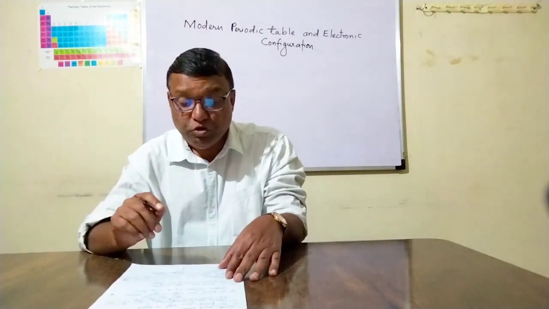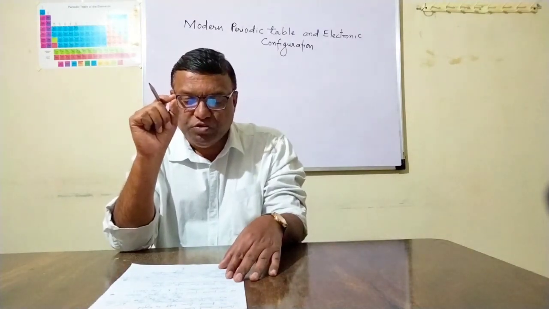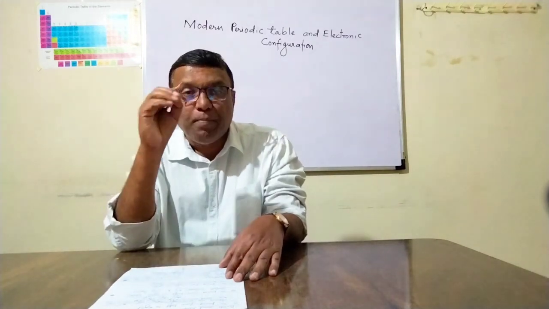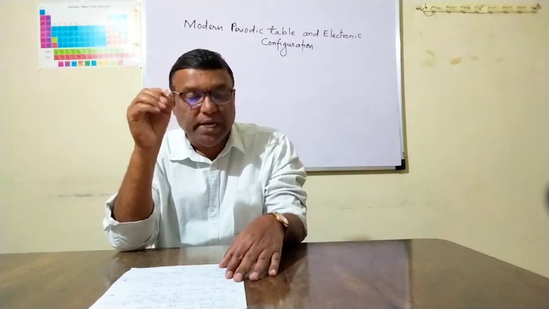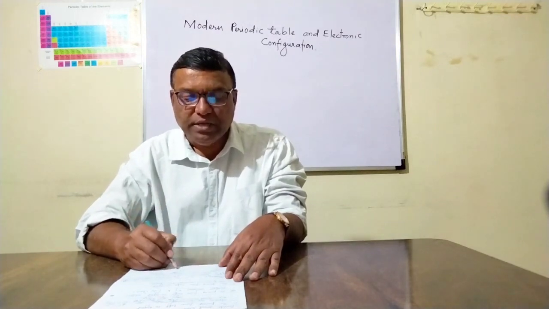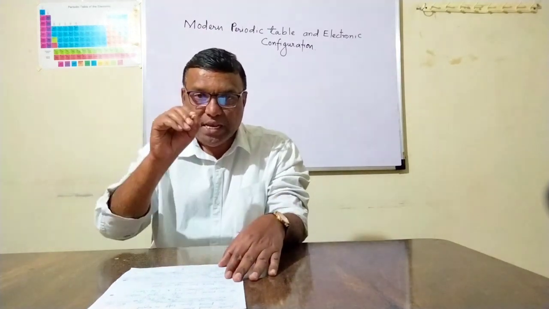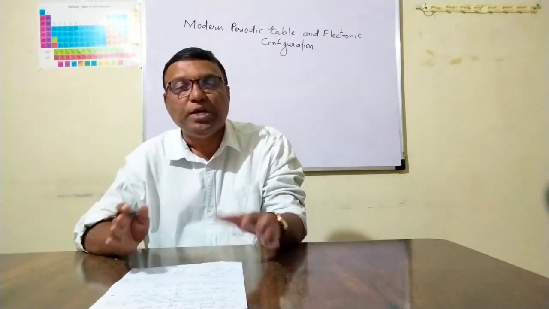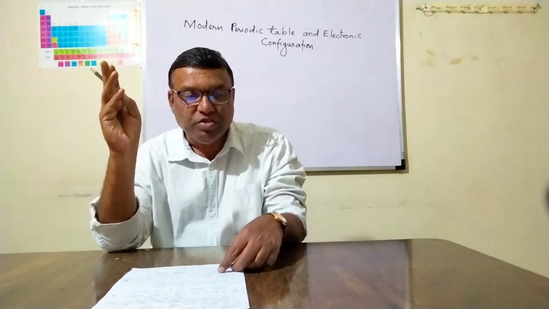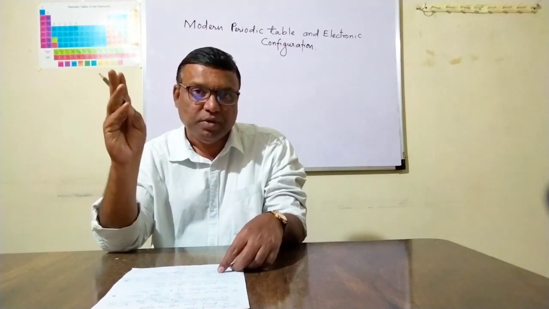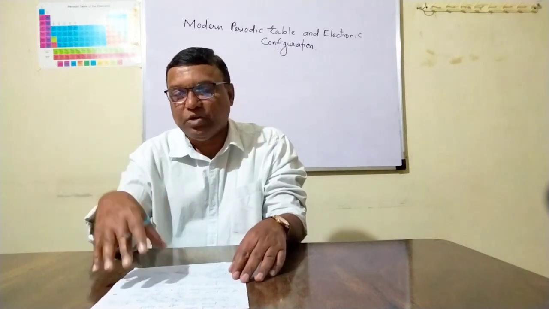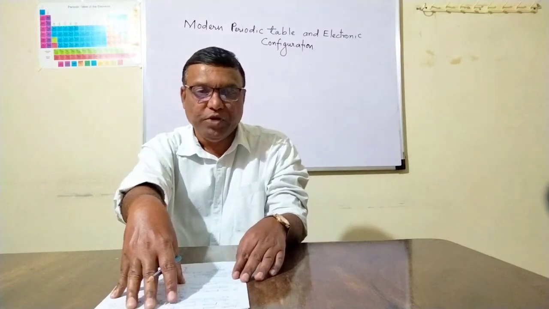It is 8. Third, the electron capacity of the M shell is 18 electrons. And last, the electron capacity of the N shell is 32 electrons. K shell 2 electrons, L shell 8, M shell 18, and N shell 32 electrons. So for periods and electronic configuration, we discussed a total of 5 points.